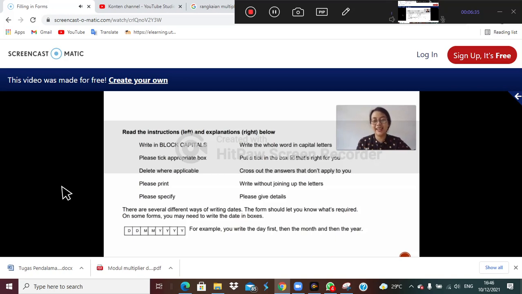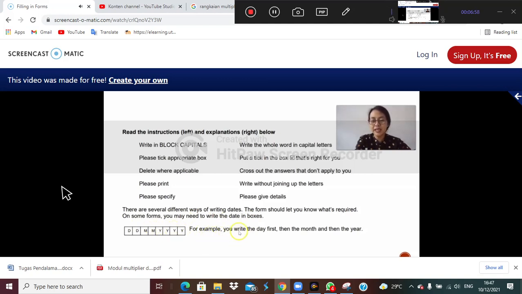There are several different ways of writing dates. This is also important for you. The form should let you know what is required, because there are several different ways of writing dates. On some forms, you may need to write the date in boxes, like this.